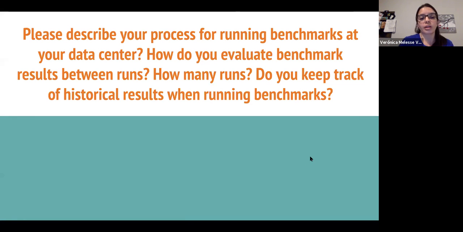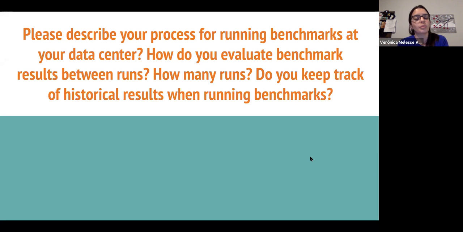We do keep historical results just for that reason, so that we know, is it going to be worse than it was before, or who's going to be impacted? Sometimes we are forced to upgrade regardless because we need the new OS and CUDA and so on. But at least knowing that in these two cases you may see this problem helps our users prepare to change something.